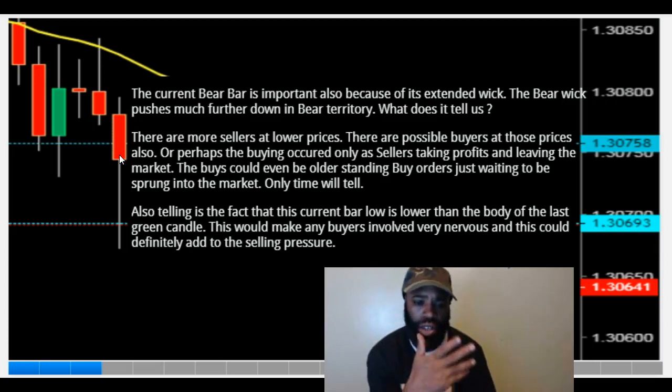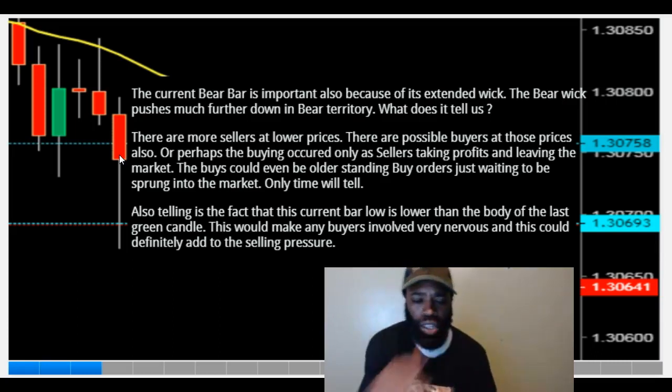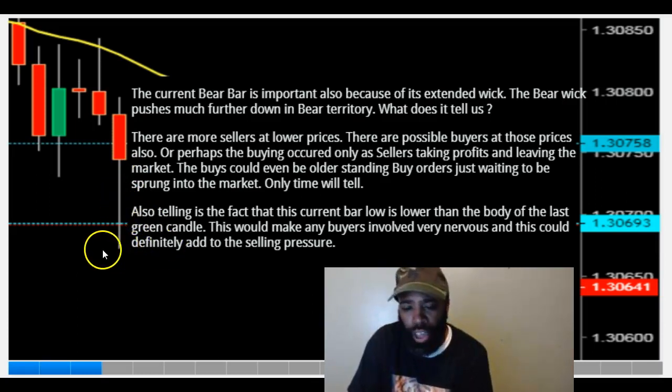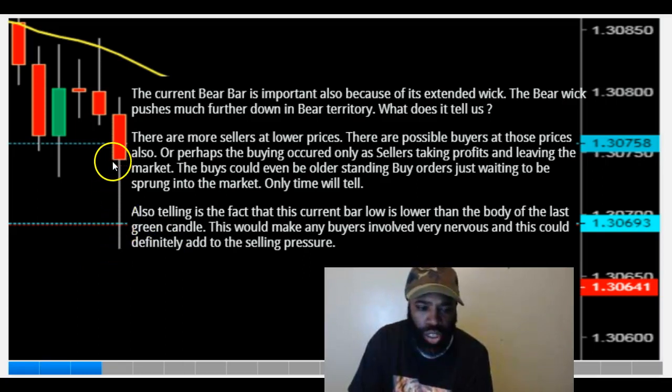That buying could have happened because sellers were actually taking profits down here, and they were leaving the market, and that made the market surge all the way up, as if there were a lot of sellers just coming out of the market. And that's a possibility because if you look at this extension, it's almost like the second or third leg.